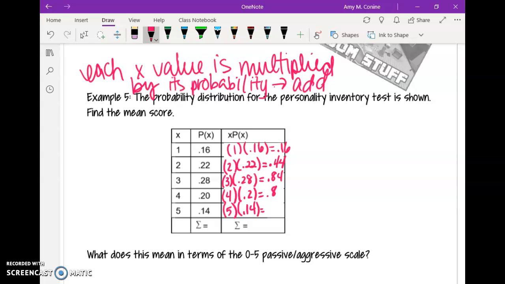And the last one, 5 times 0.14 should get 0.7. Okay. So if you remember from yesterday, the probabilities have to add up to 1. So always check that they add up to 1. So 0.16, 0.22, all the way to the bottom, make sure they add up to 1. They should.